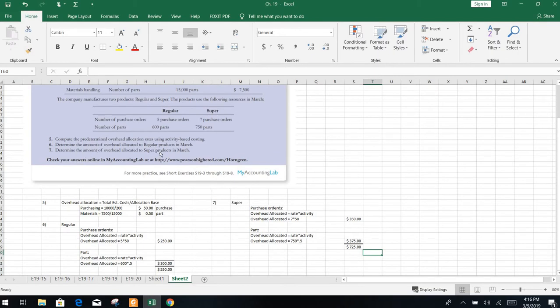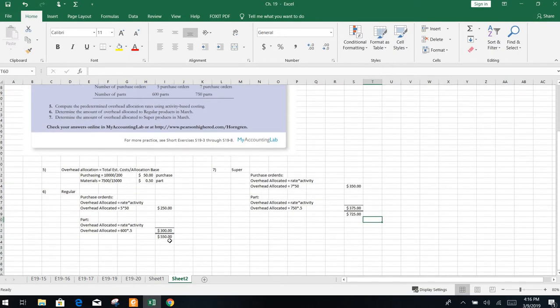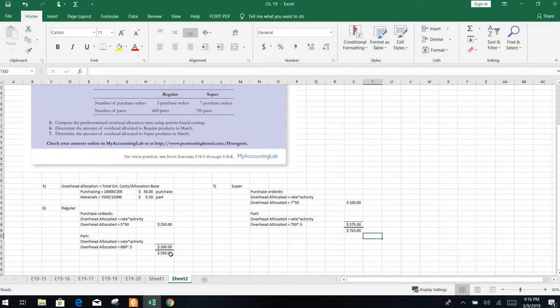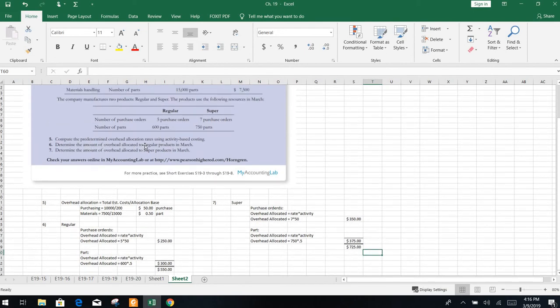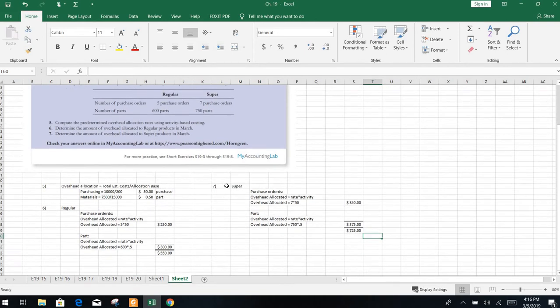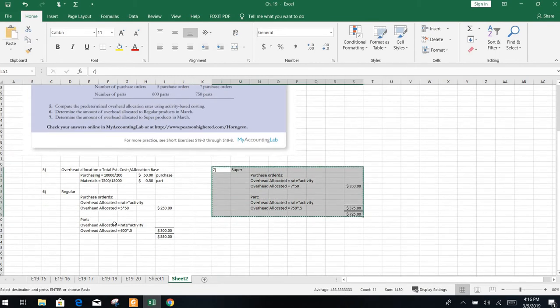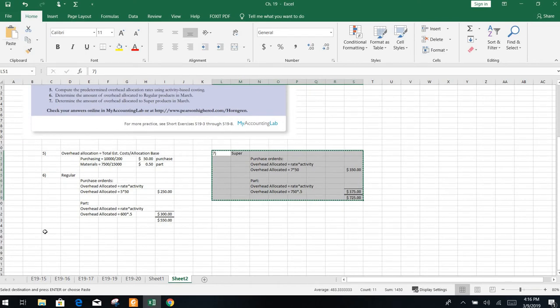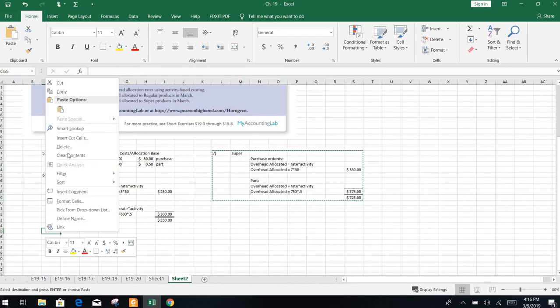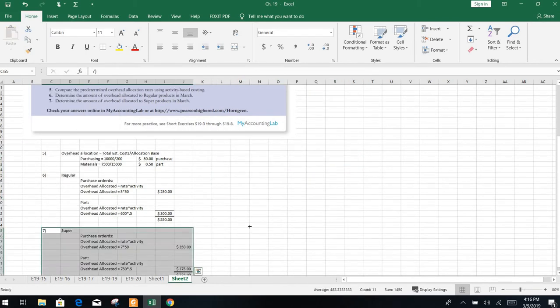And that's all they ask. If they would have asked what's the total amount of allocated overhead incurred, then you could add those two numbers together and get the total. But in this case, they just asked to determine the regular and the super. So just to make sure I got this correct, let's check the answers. I'm going to put this down here and paste that there.